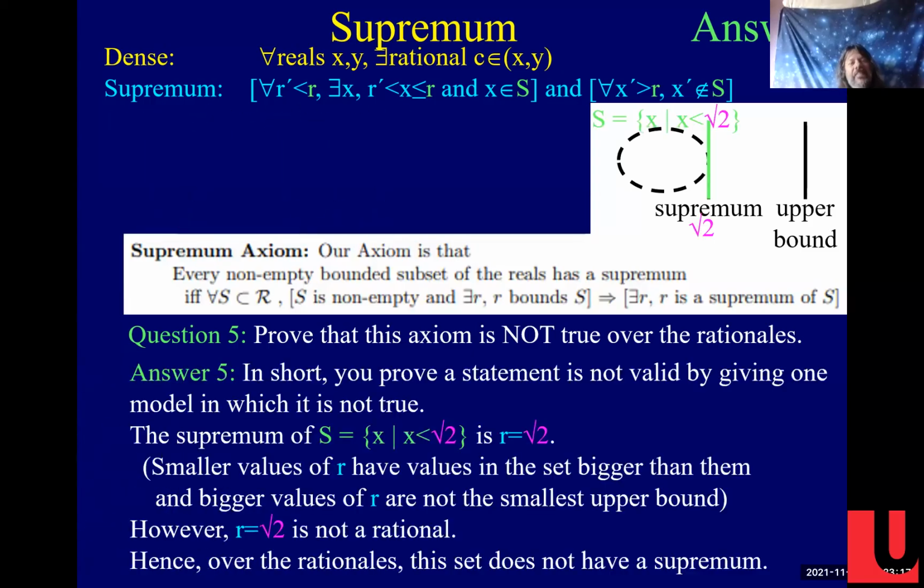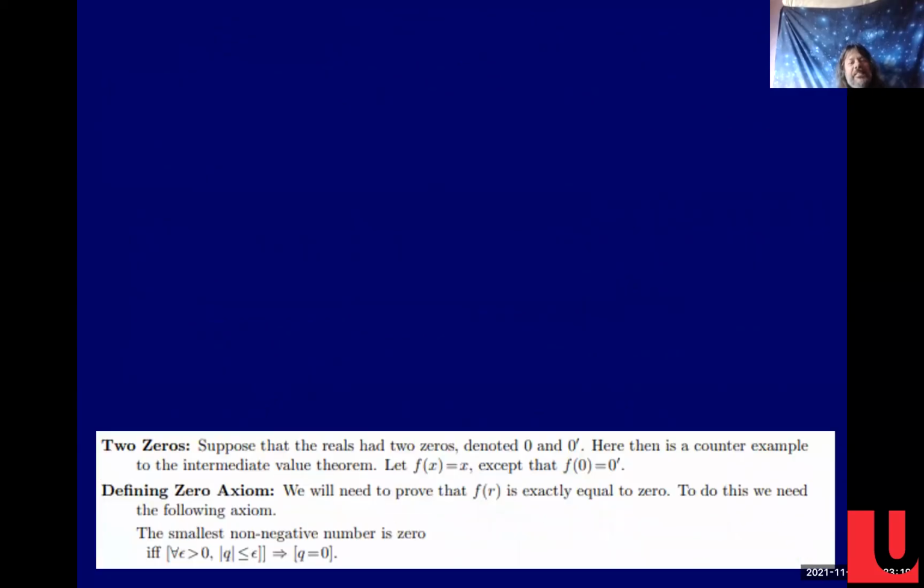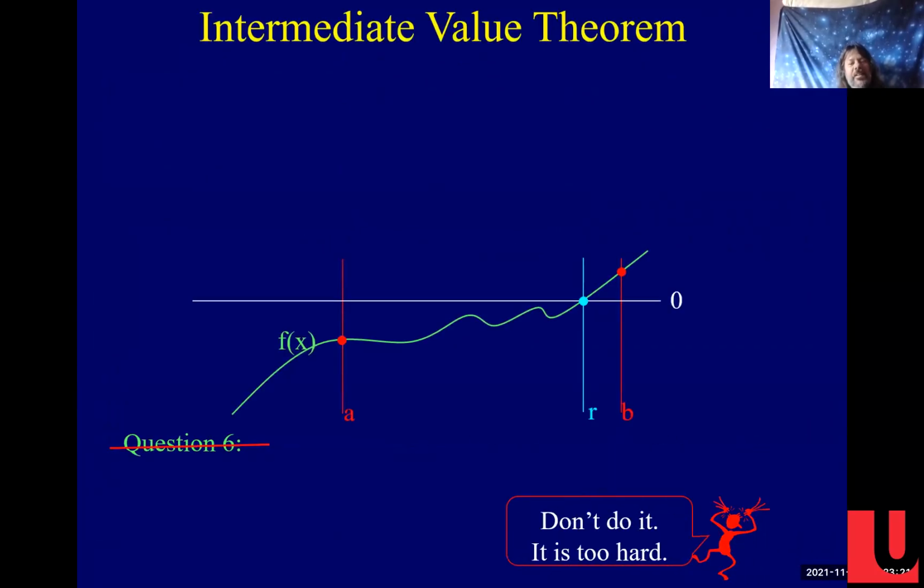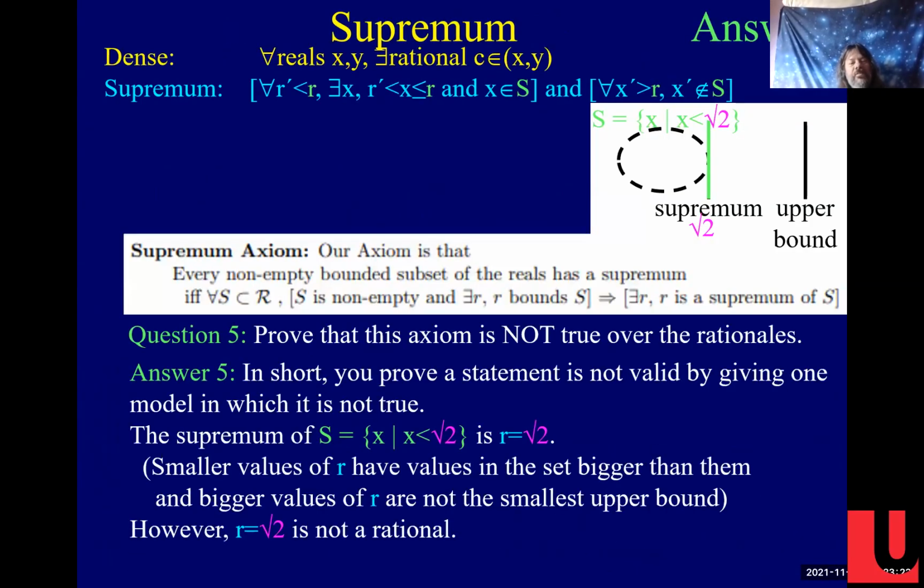All right, and then question 6, oh no, question 5. What did I just say here? In order to prove a statement's not valid, you have to give one model in which it's not true.